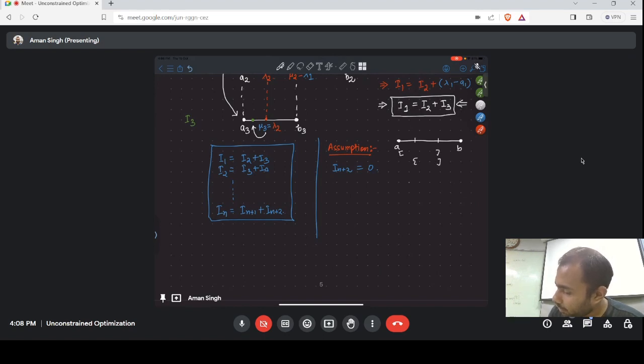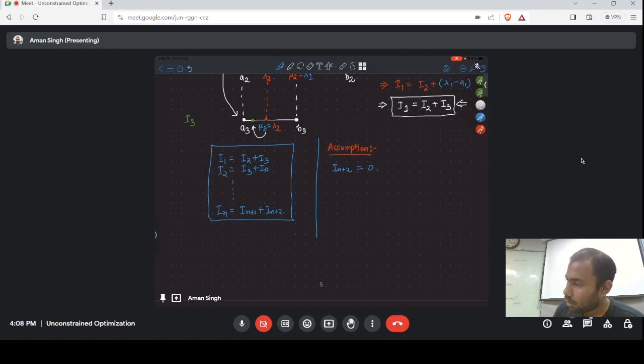And there will come a point where, for AK and BK, the lambda will be absolutely at the midpoint of AK and BK. We are assuming that at the n plus 2th step, the lambda k will come at the center of AK and BK, such that if you find mu, it will coincide with lambda k. So after a few steps, the length of the interval will become 0. So that is what we are assuming here. You'll see why we are assuming it.